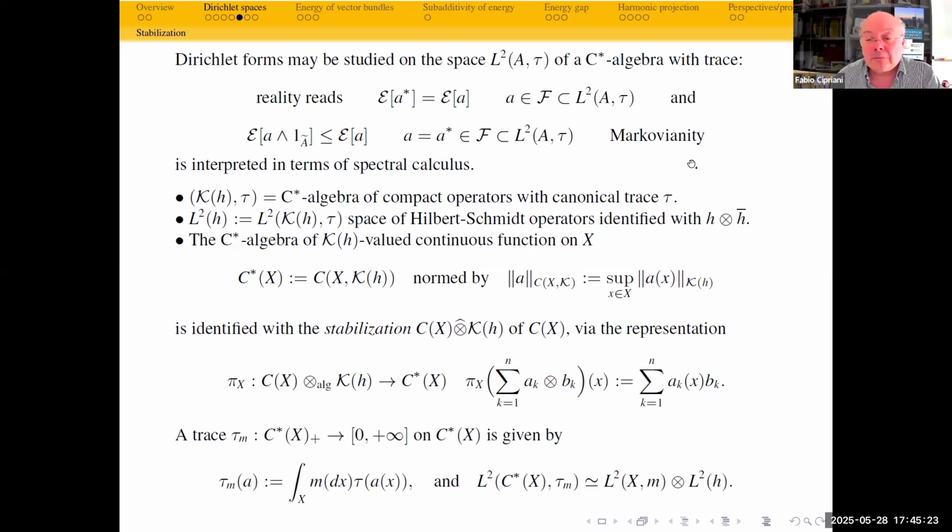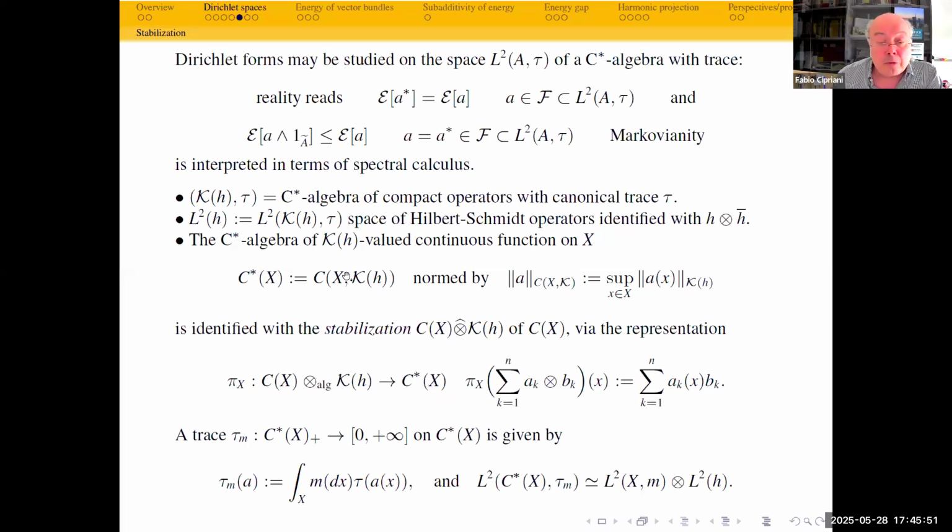So we can study Dirichlet forms also in a non-commutative setting, but today, for the geometric problem we have in mind, we consider the elementary C-star algebra with its trace. The L2 space in this case is formed by the Hilbert-Schmidt operators.